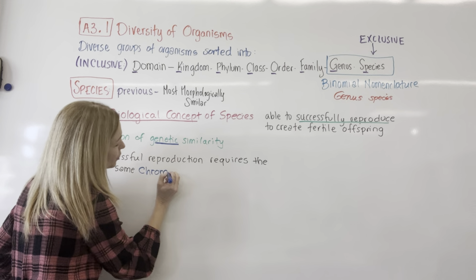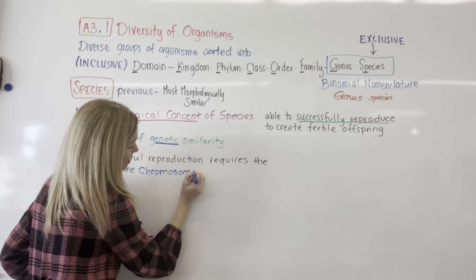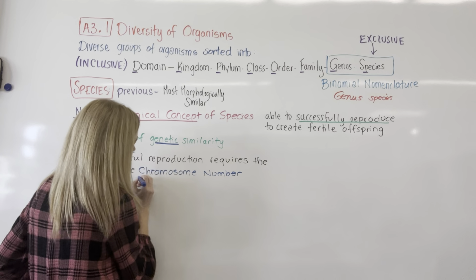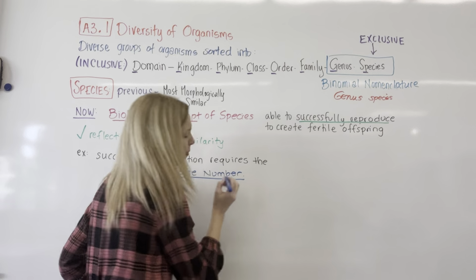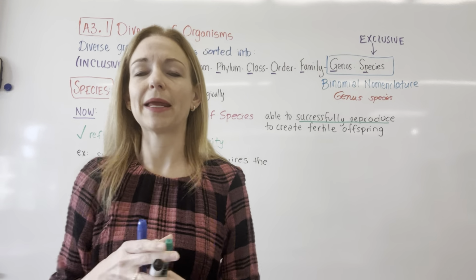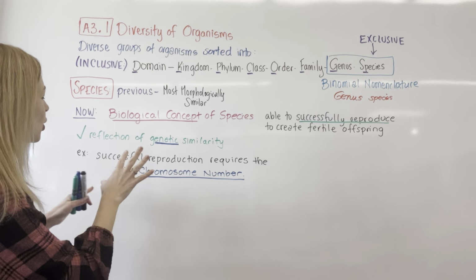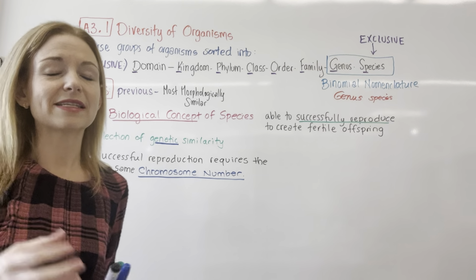So we're going to focus on number, but we do want to recognize it's more than that. If you had two that just happen to have the same number, but their chromosomes have completely different banding patterns and so forth, they wouldn't form homologous pairs either. Okay, so that's a core similarity.